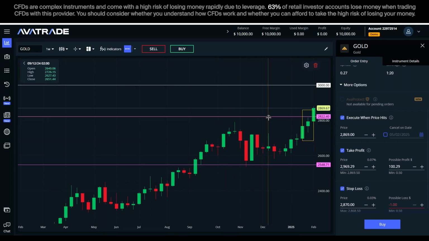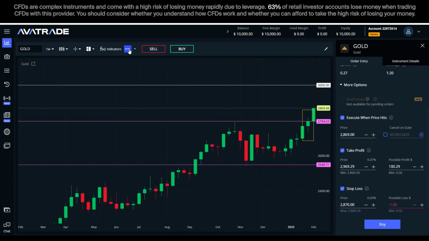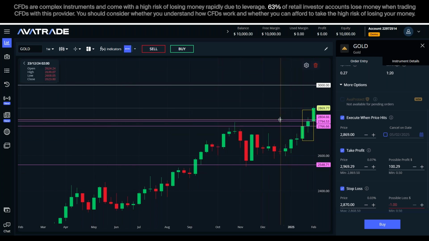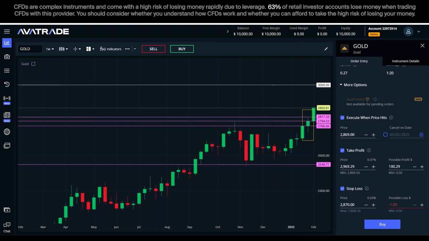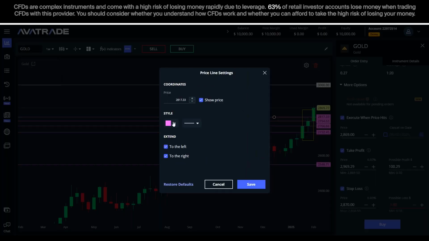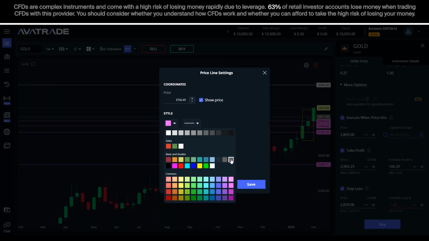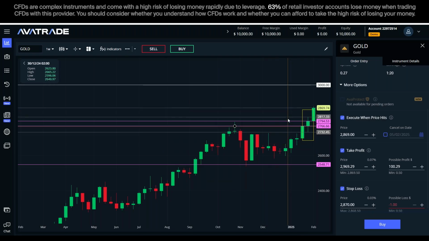Okay, and as you can see, there are different levels here. There are two levels for the open and the close that I've marked in pink lines, and there are levels for the high and the lows. What does that mean? It means that the high and the low, let's paint them in gray maybe. Okay, and then we see that the high and the low has a bigger difference.